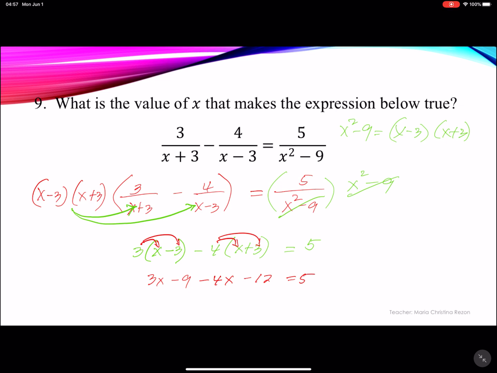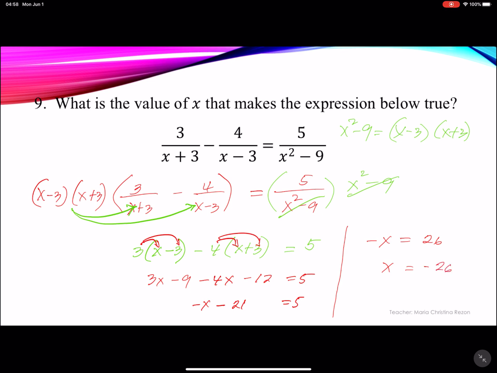You can combine these two, so that gives you negative x. Then 9 plus 12, that is negative 21, is equal to 5. So let's proceed. You have negative x is equal to 26, but we don't want a negative coefficient of x, so you'll have x is equal to negative 26.